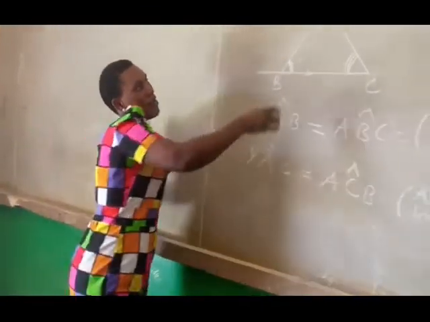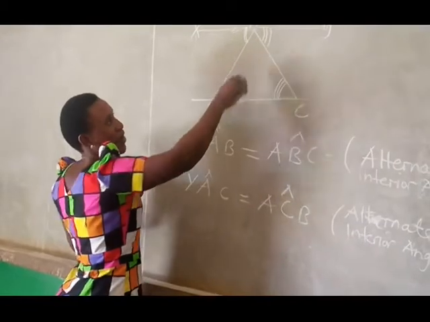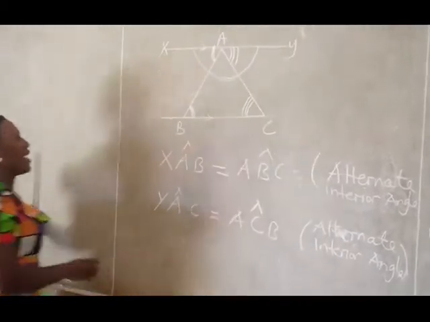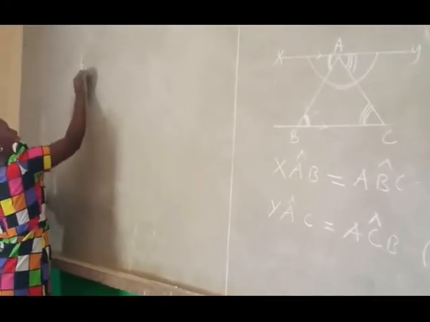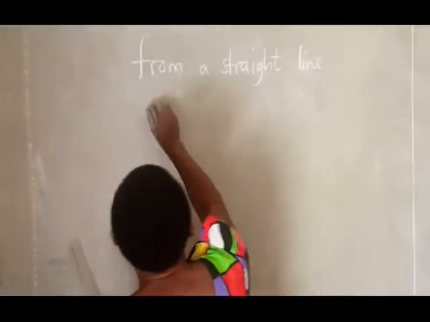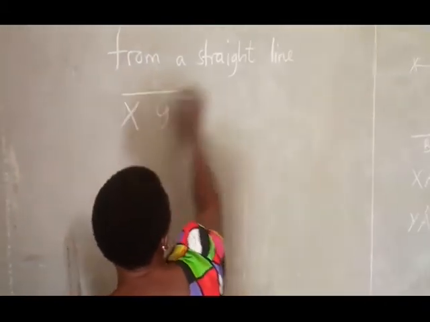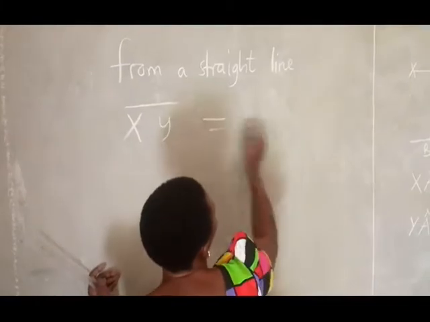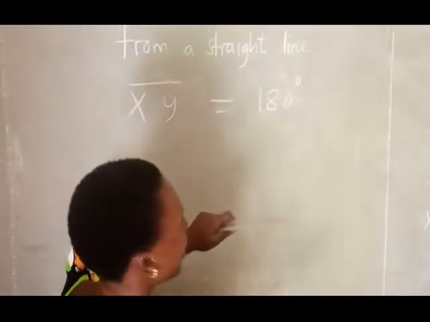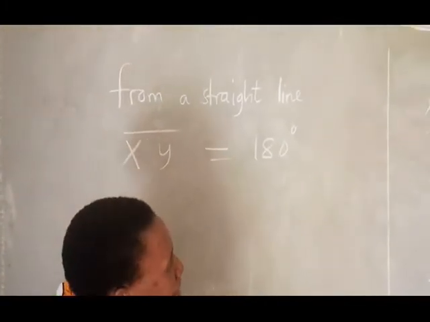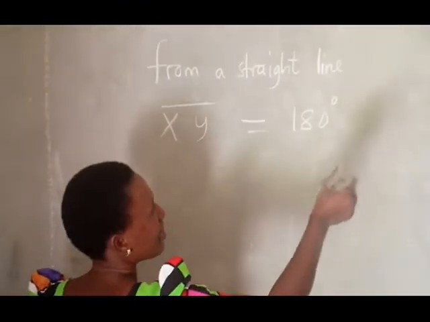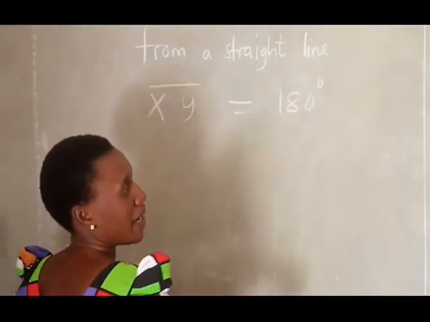Thereafter, we have remained with this angle. We have a straight line XY. Any straight line should have 180 degrees as its measure. Therefore, in line XY we have some angles also.